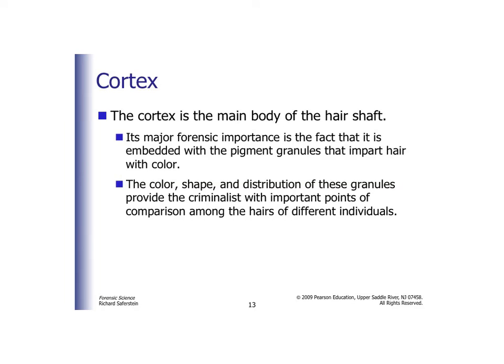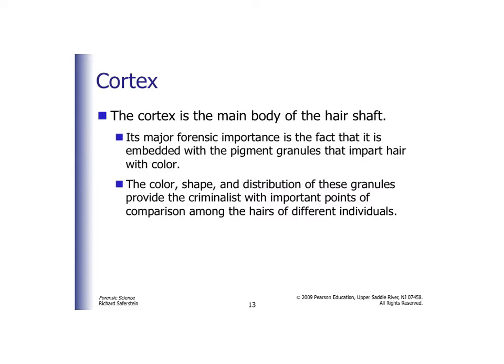Okay, so those were the cuticles. Now we're going to talk about the cortex, and that's the bulk, the main body portion of the hair shaft. Its major importance is the fact that that's where the pigment is. So that's what, once again, gives the hair its normal color.